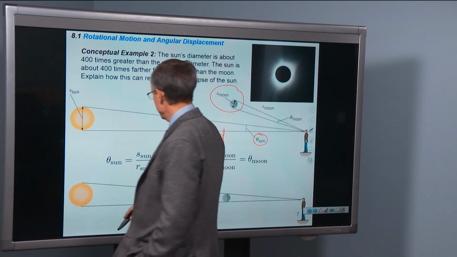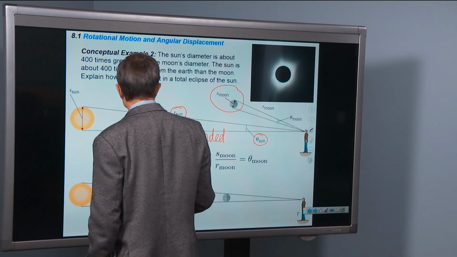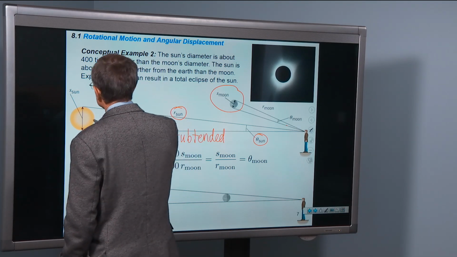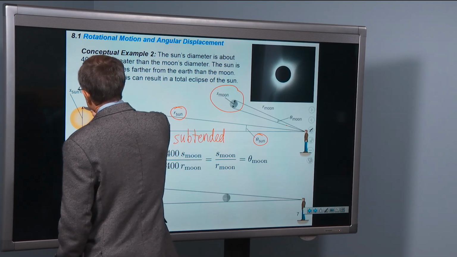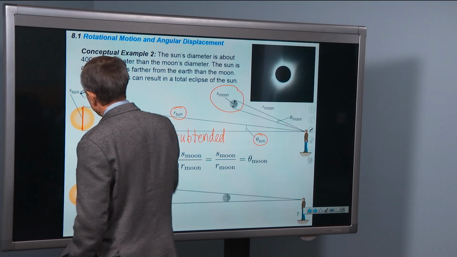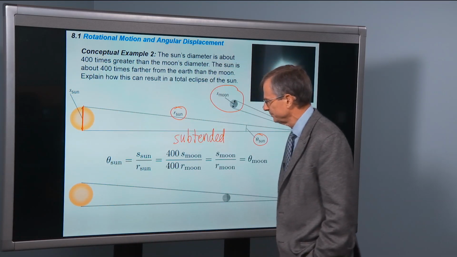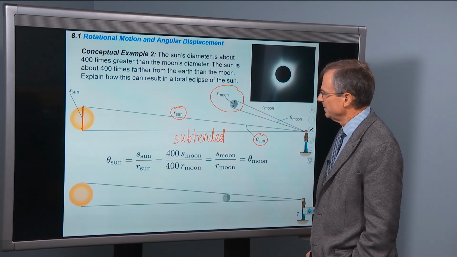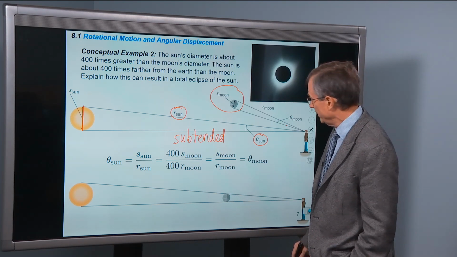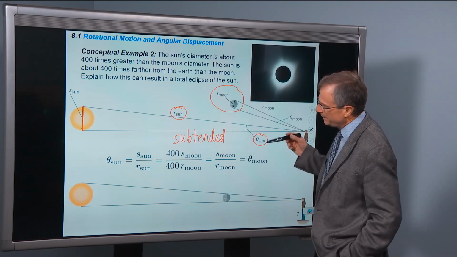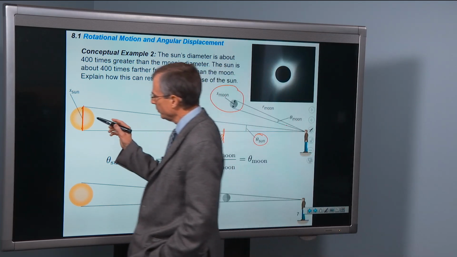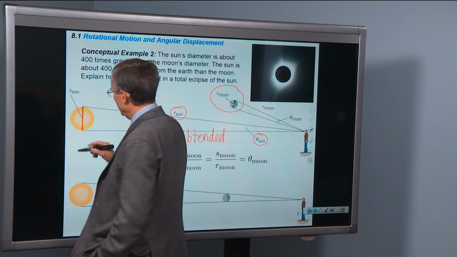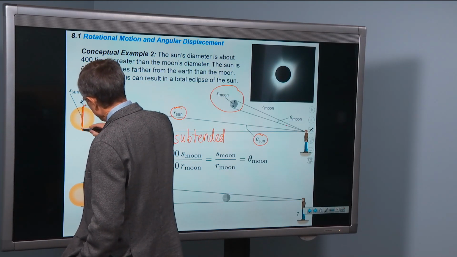and the diameter of the sun, well, S is essentially the arc length. So the idea here is that arc length is comparable to the diameter of the sun. Really, it'll be an arc length like that.